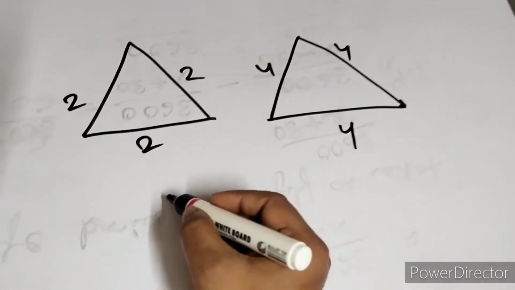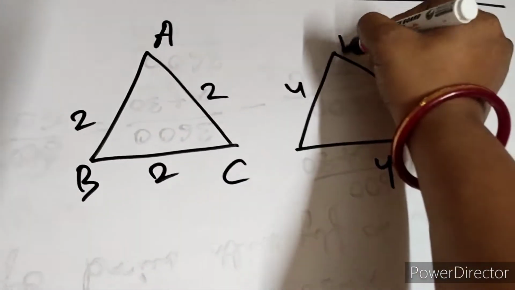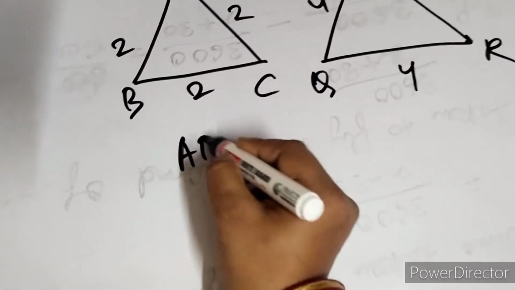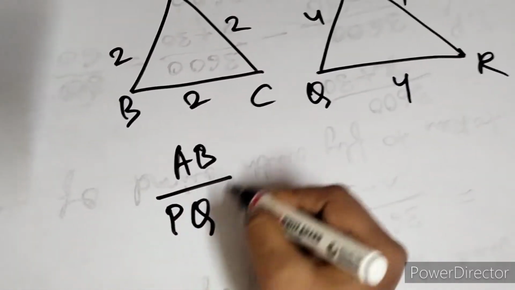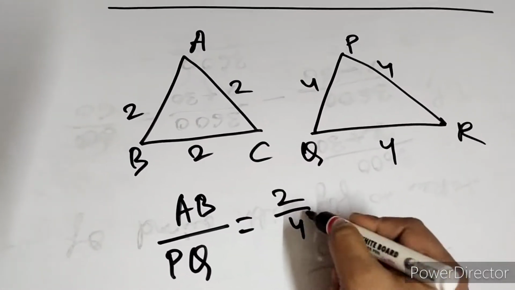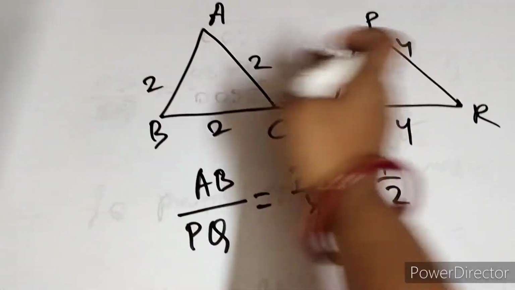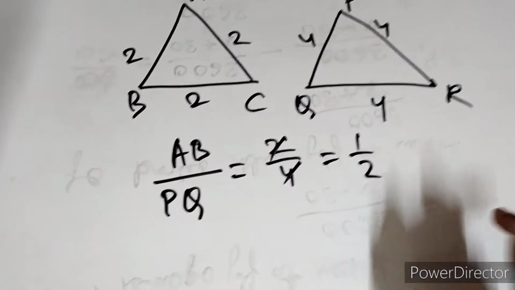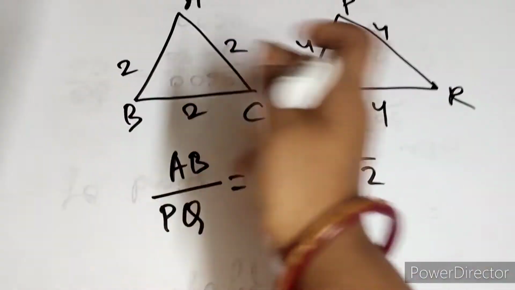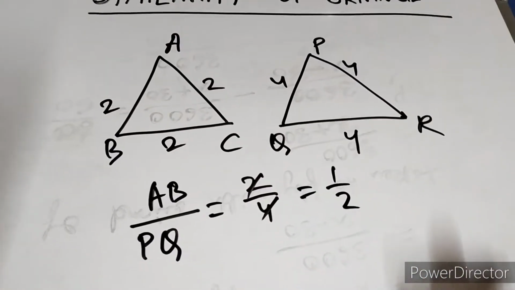2 by 4. If we say that this is A, B, C and this is P, Q, R, what will be AB by PQ? AB by PQ will be 2 by 4, that is 1 by 2. So the sides of the triangles can be compared in a ratio of 1:2. AB by PQ is 1:2.